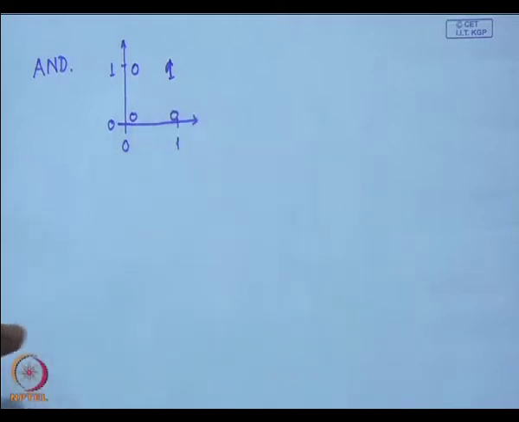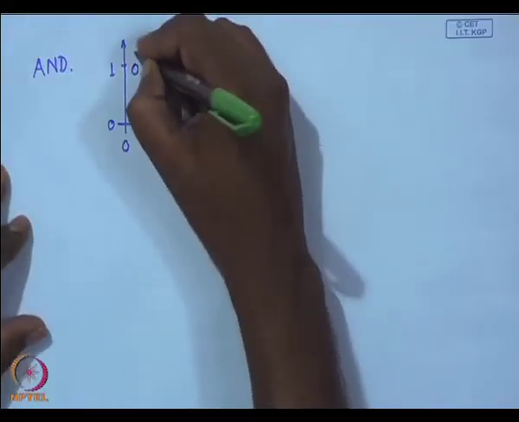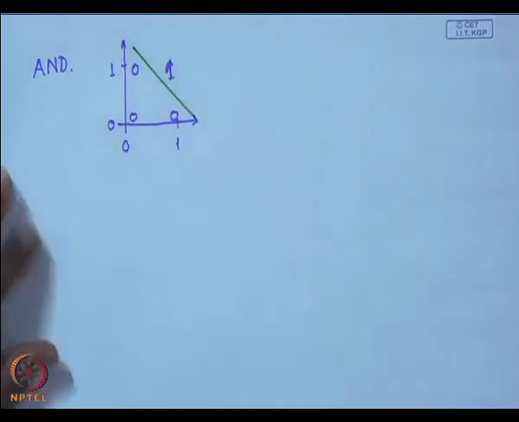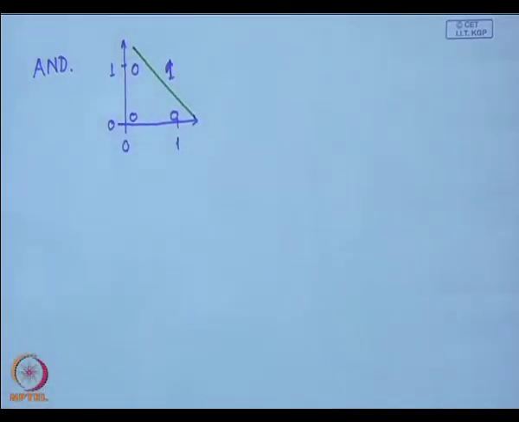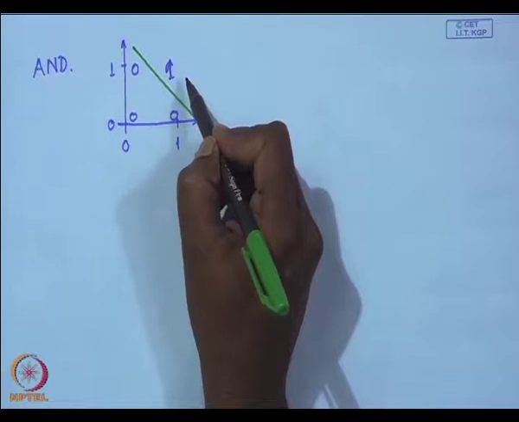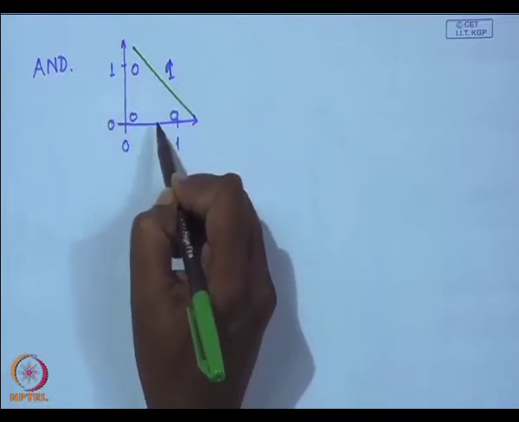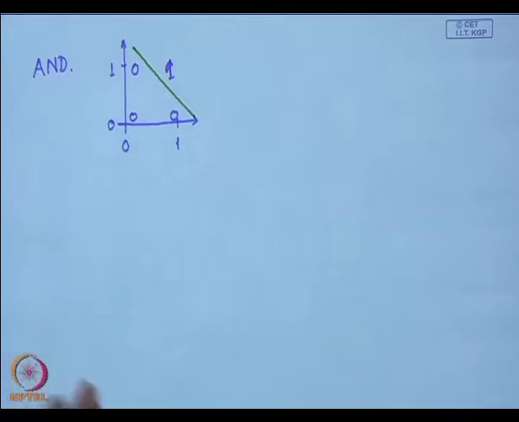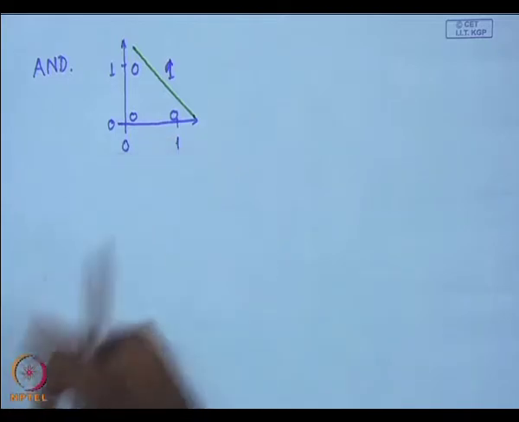If we consider this AND function to be a classification problem, it is quite obvious that I can draw a straight line separating the set of zeros and the set of ones. That means the input vector 1 1 is put in one class, and all other combinations of input components, that is 0 0, 0 1 or 1 0, are put in another class, and I can separate these two classes by a straight line. So, the AND function is a linearly separable function.